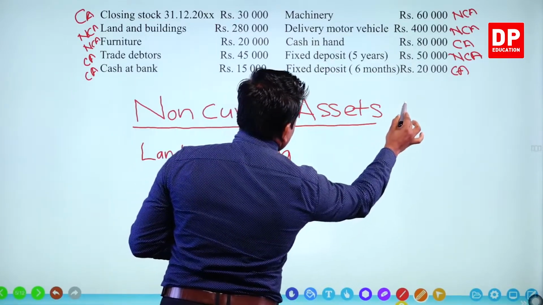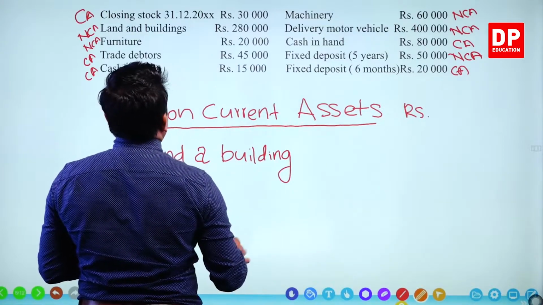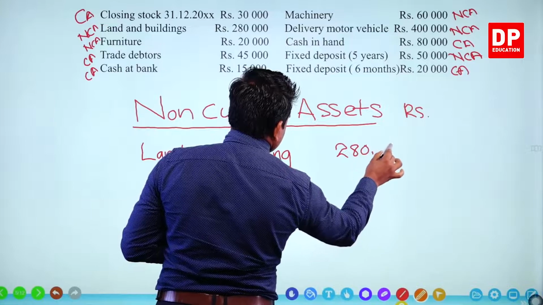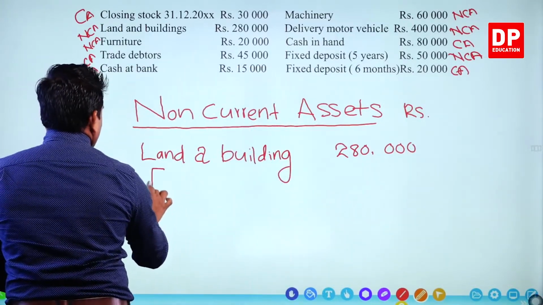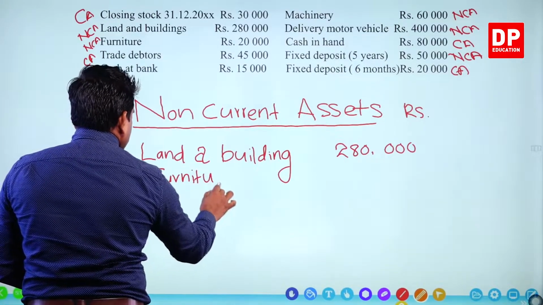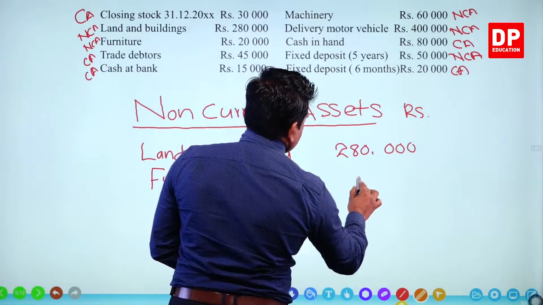On the top we can put rupees, then it is easy. Second one, furniture. Furniture also non-current assets. 20,000.